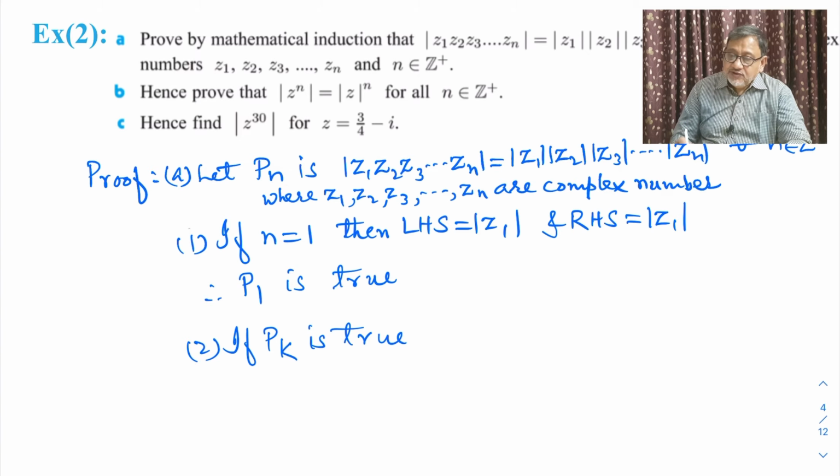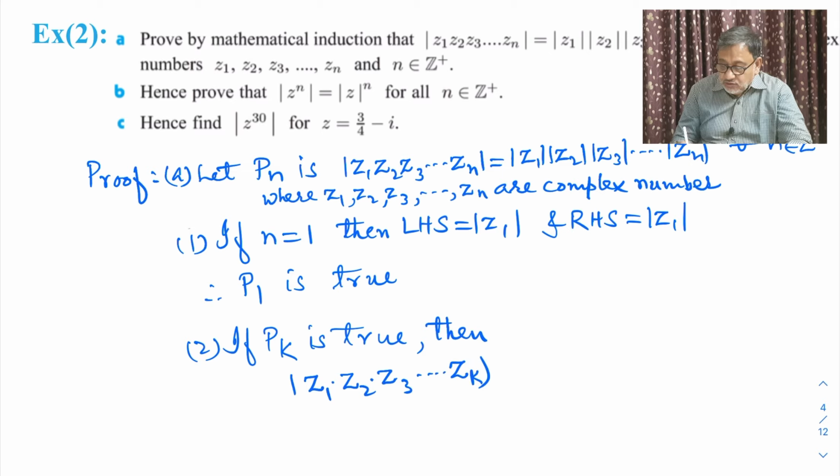Now if P of k is true, then modulus of z1 into z2 into z3 and so on up to zk is equal to modulus of z1 into modulus of z2 into modulus of z3 and so on into modulus of zk.